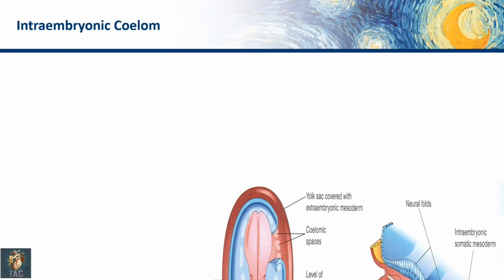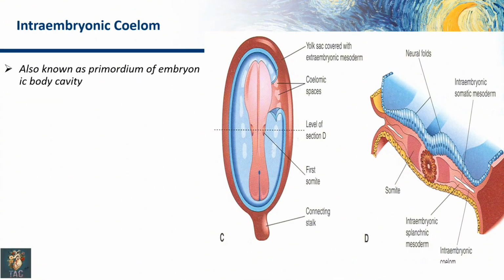So next is the intraembryonic coelom. As I have already told you, there are three parts of the mesoderm: the paraxial mesoderm, the intermediate mesoderm and the lateral plate mesoderm. When cavities appear in the lateral plate mesoderm and coalesce, they form the intraembryonic coelom, and they divide the lateral plate into somatic and splanchnic layers.